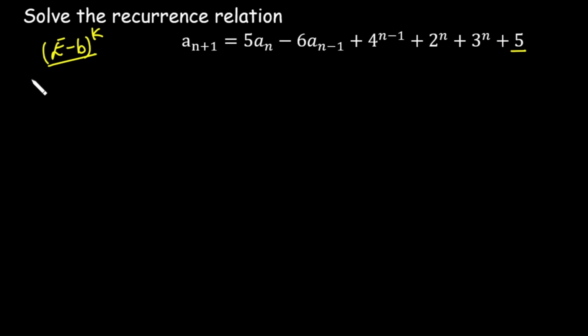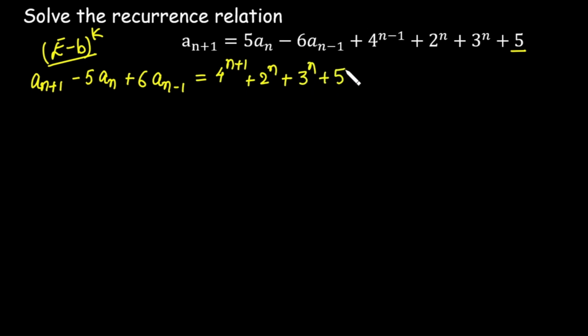So we can write this as an plus 1 minus 5 times an plus 6 times an minus 1 is equal to 4 raised to power n plus 1 plus 2 raised to power n plus 3 raised to power n plus 5.